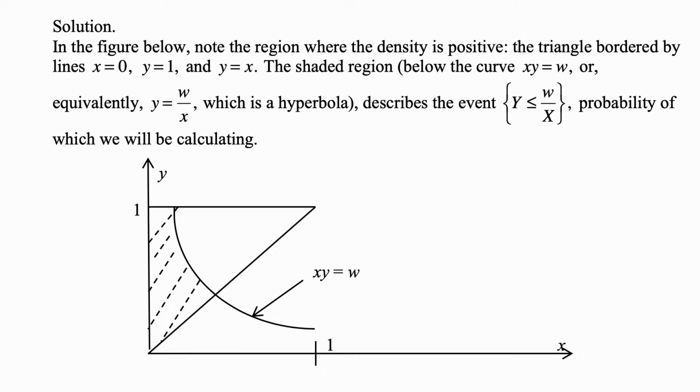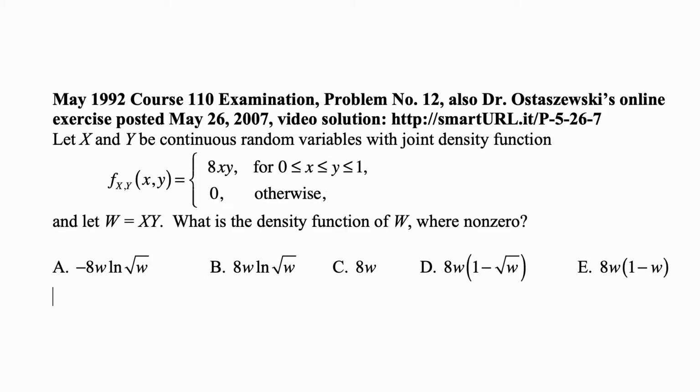So let's look back at that formula again. This is the formula, and the condition for the density to be 8xy was that x was greater than or equal to 0, less than or equal to y. So x has to lie below y.